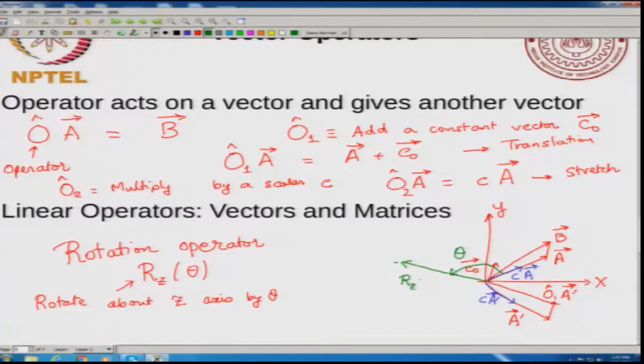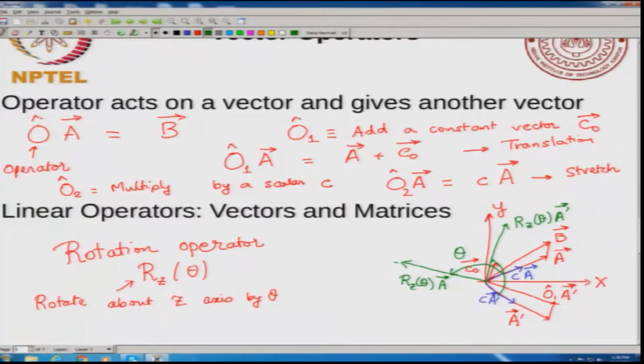So, R z of theta operated on A. Similarly, it will take A prime, rotate it by theta and give you something like this: R z of theta acting on A prime. So, this is another example where it takes a vector and gives you another vector.